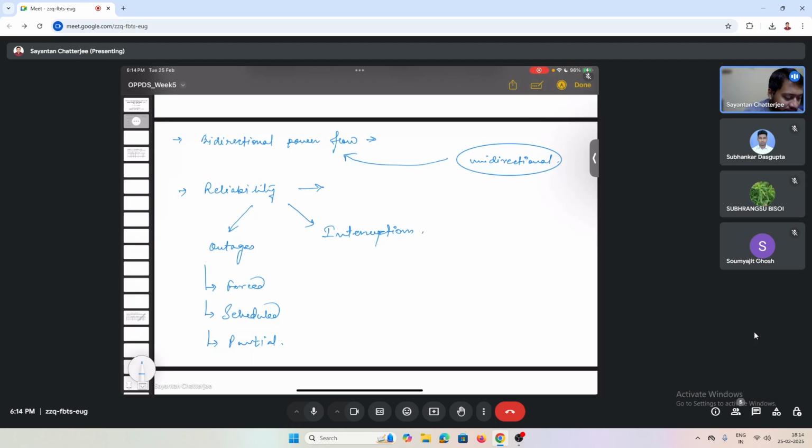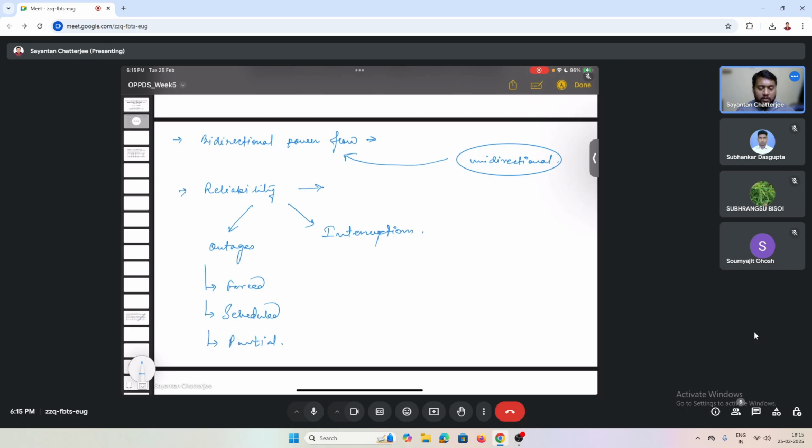So let's continue the discussion on the outages part, and then we can move on to interruptions. The need of system reliability: why distribution system reliability needs to be emphasized at large. This part needs to be focused on as we are driving towards bidirectional power flow, where customers, who were mostly just customers previously, have now become producers.